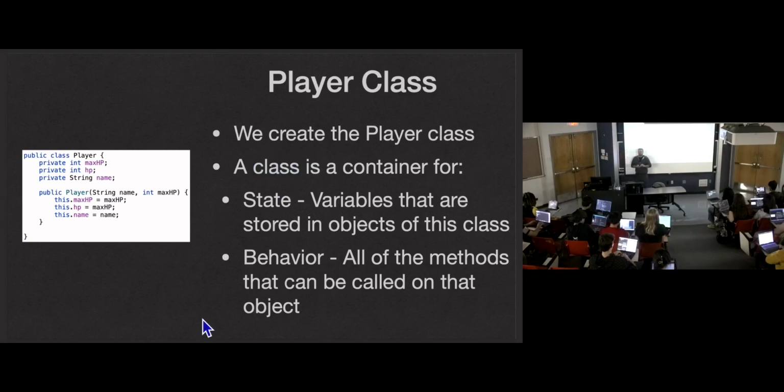What an object is, is a collection of variables and methods, state and behavior. It has state that it stores as the collection of values in all its variables, and behavior, which is the collection of all its methods. And the behavior can depend on the state.